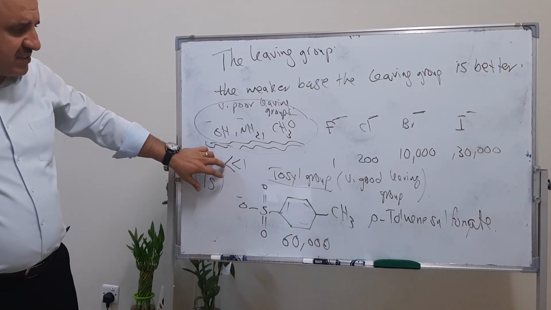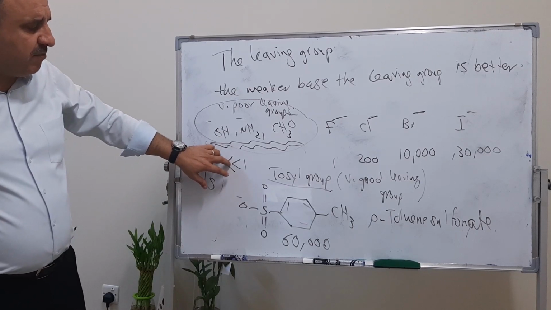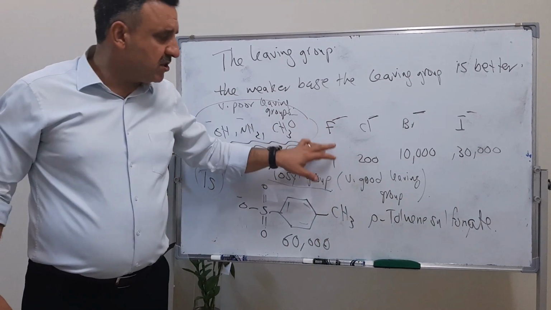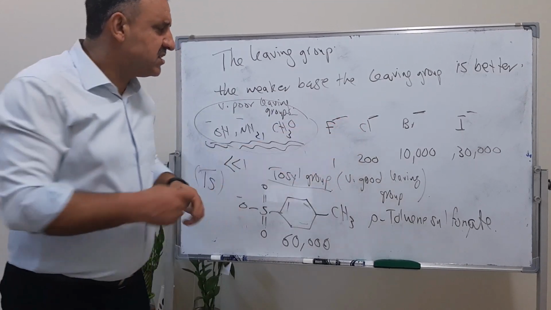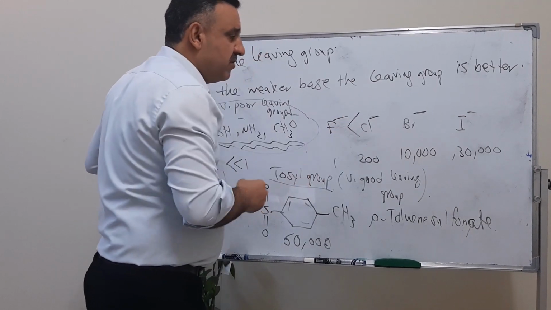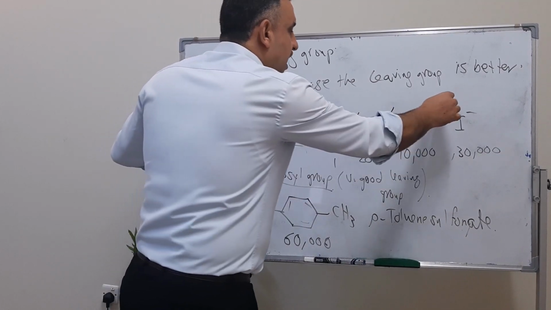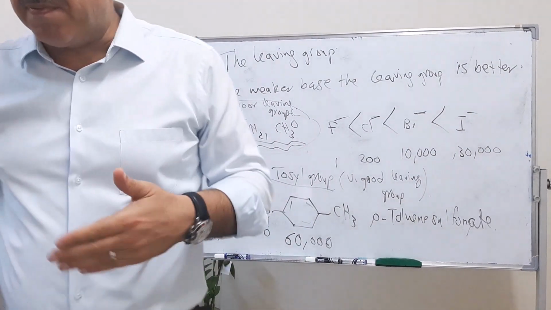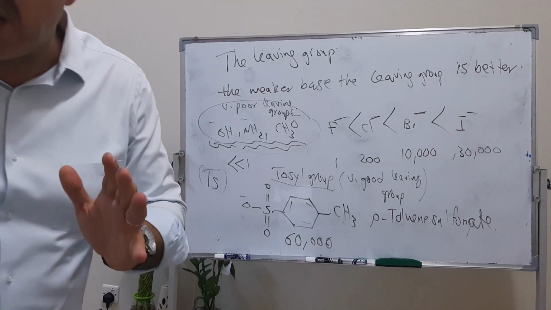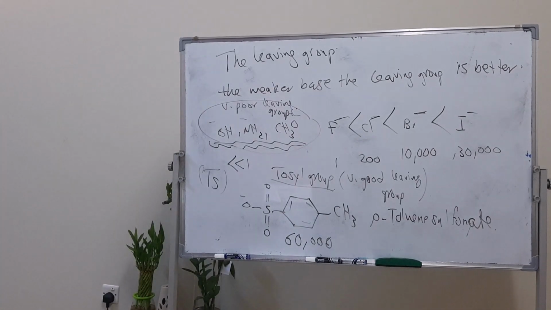The rate of leaving here is very much less than 1, compared to F minus, which is 1, and Cl minus, which is 200. You see that bromine is way higher, iodine way higher, and then the tosyl is the best in this case, a very powerful group. The criterion for leaving ability is how weak the base is. As the base becomes weaker, the leaving ability will be better. Clear, guys?